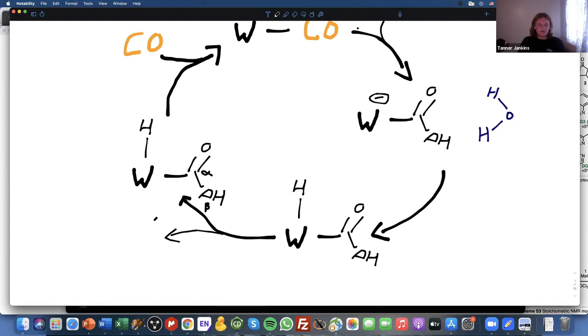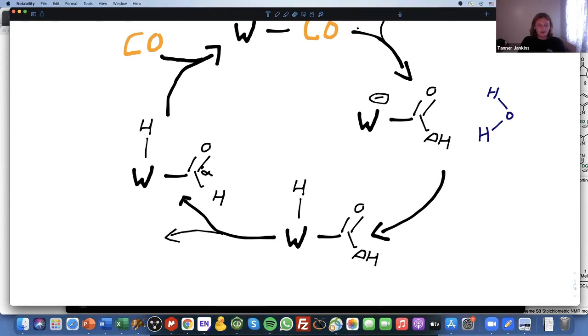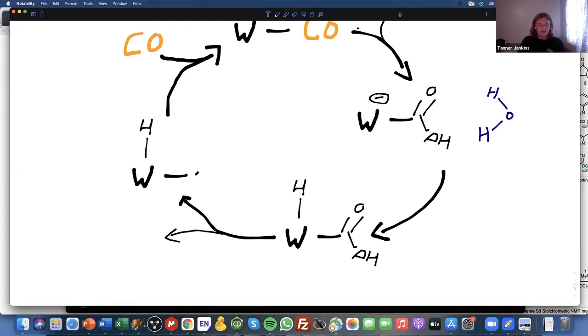Perfect. So this is a decarboxylation reaction. And from the beta position, similar to the beta hydride elimination, we'll get rid of the CO2 and form this tungsten dihydride, which then can just simply eliminate H2.